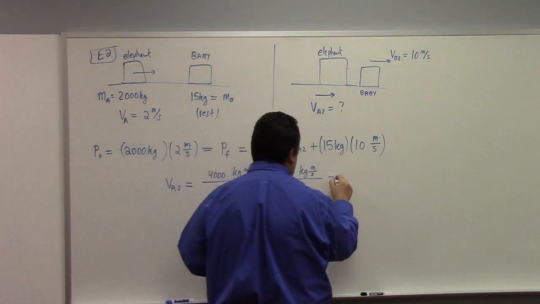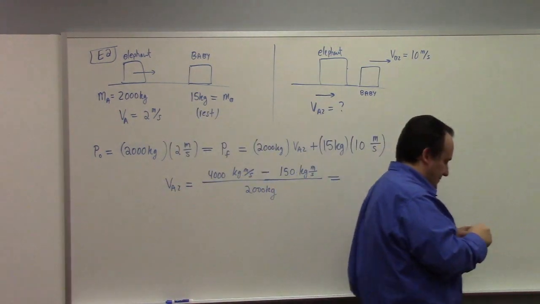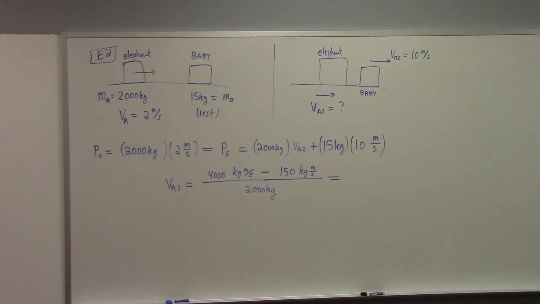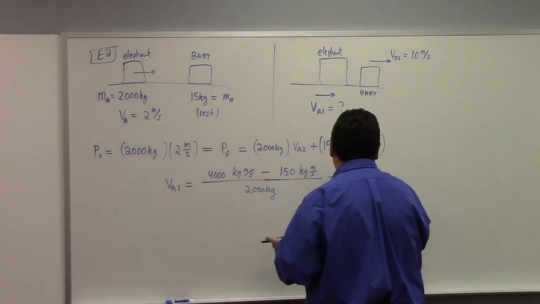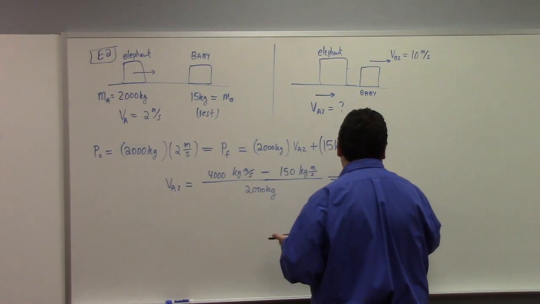What is the velocity of the elephant after he knocks the baby? 1.925? That sounds about right. Meters per second, right?